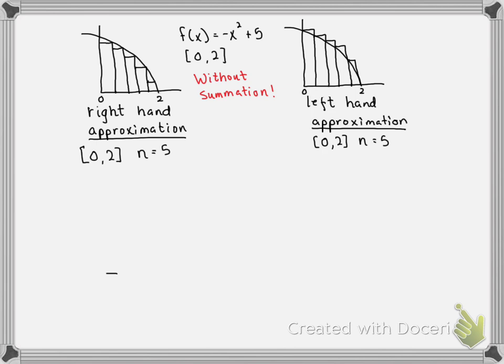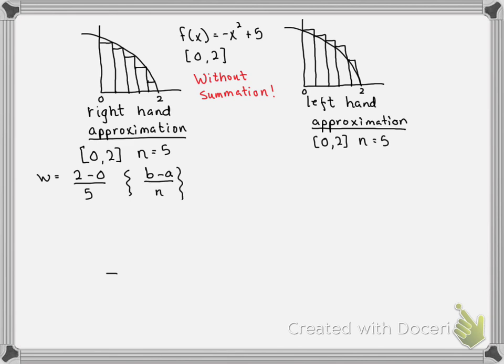The width of each one of those rectangles is found by subtracting the higher endpoint minus the lower, over the n value. So that formula is b minus a, all over n.